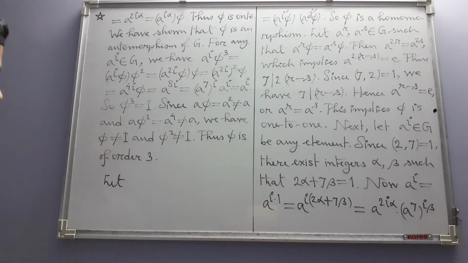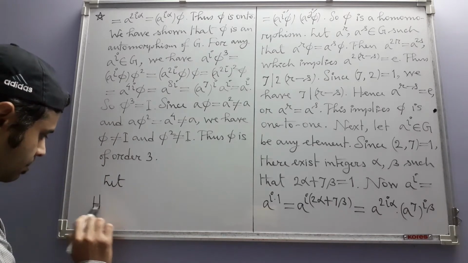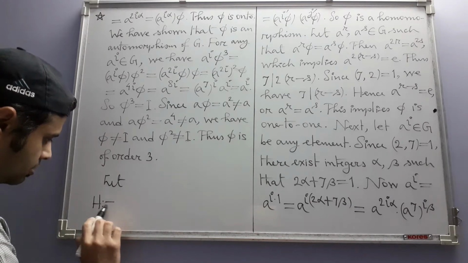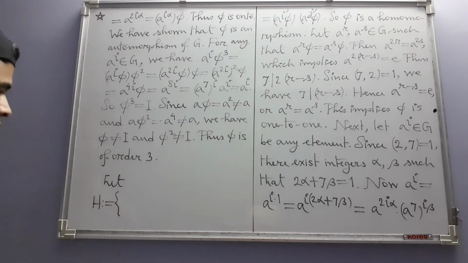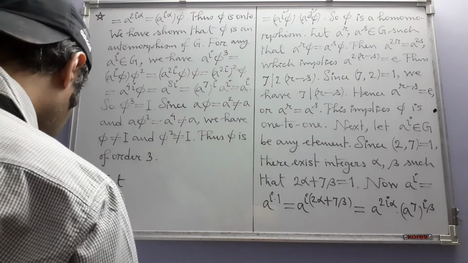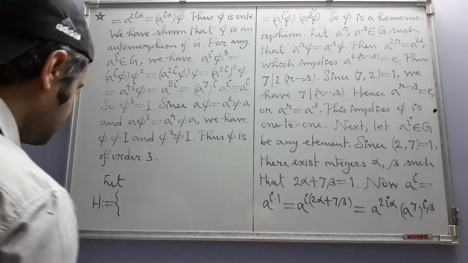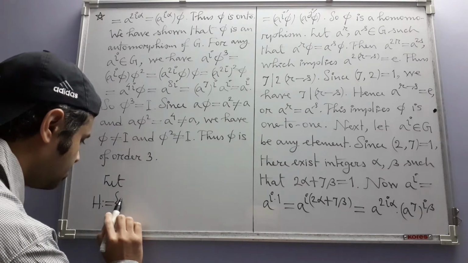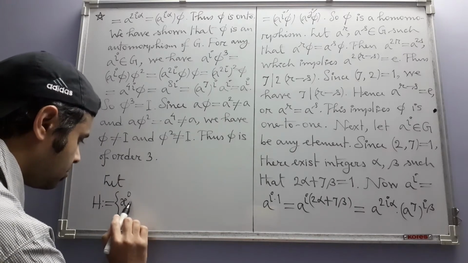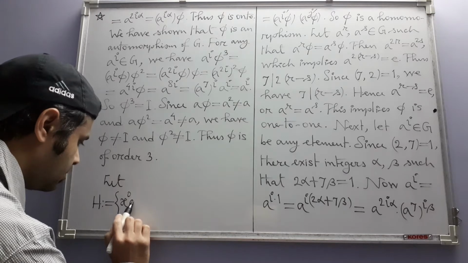Let H denote the set of those symbols, which if we want to write all the things, I think it's better to see all the symbols, I mean the list of all symbols.